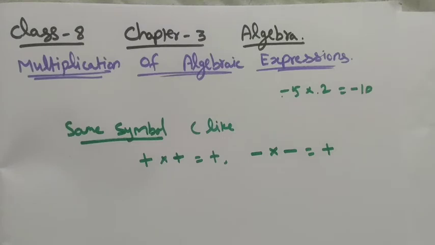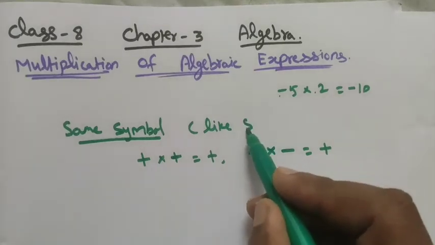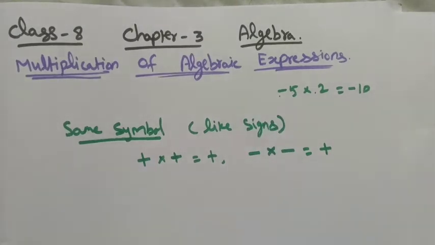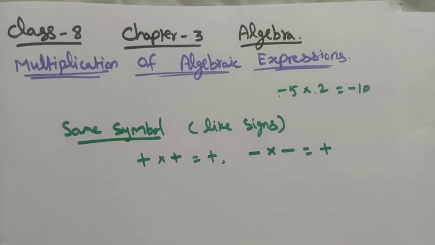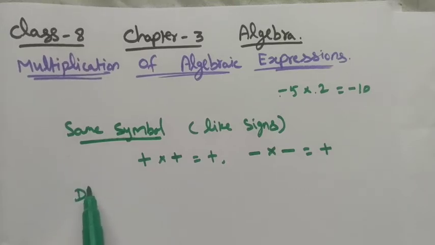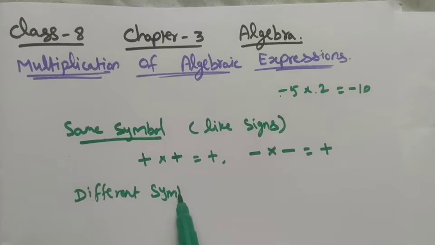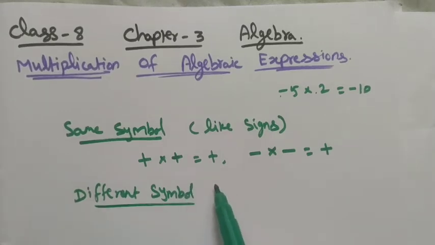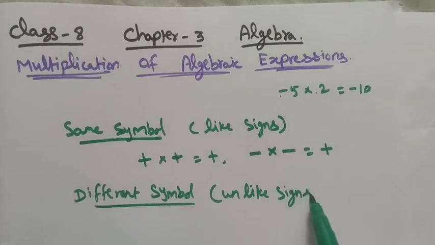Like symbols or like signs, right? But different symbols are called unlike signs or unlike symbols.